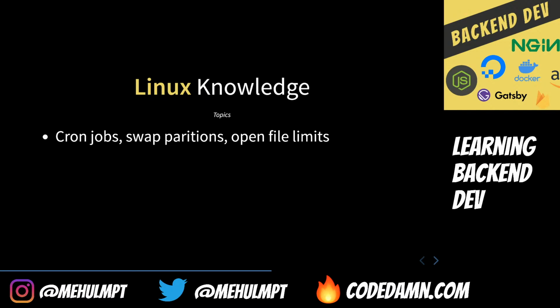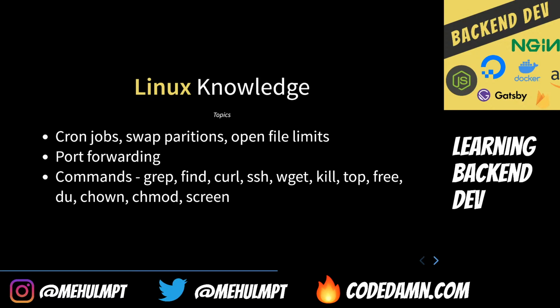Open file limits, again, Linux restricts how many files can be open at a particular time, and every socket, every connection is considered a file. So if you want more traffic on your system, have a higher file limit, stuff like that. Port forwarding, again, is related to SSH, which we'll cover now.